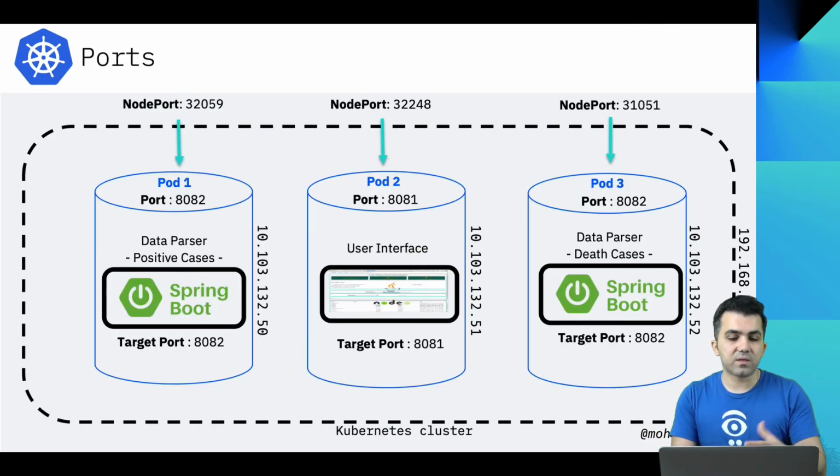The other important thing you can see here is the pods. Just imagine you want to interact with your application directly from inside the Kubernetes cluster and use the service IP.